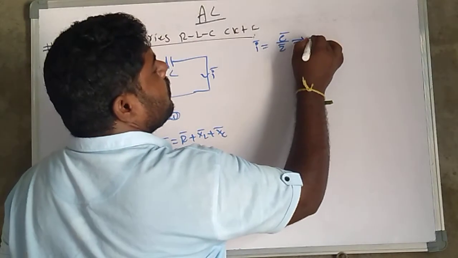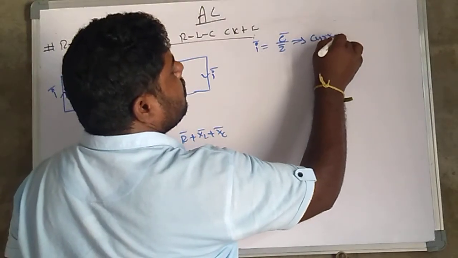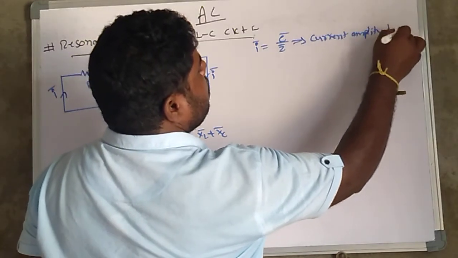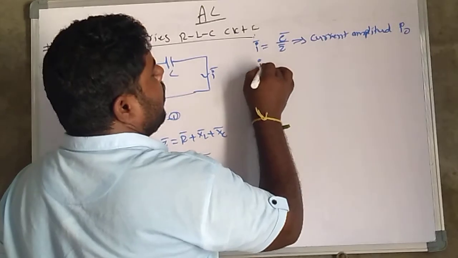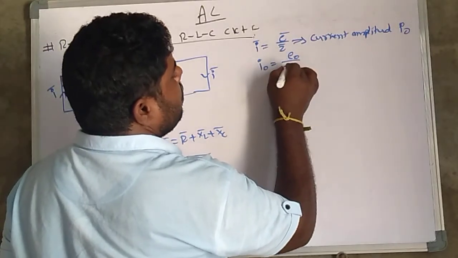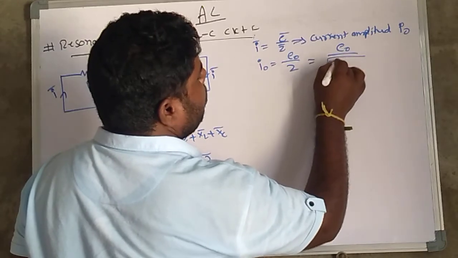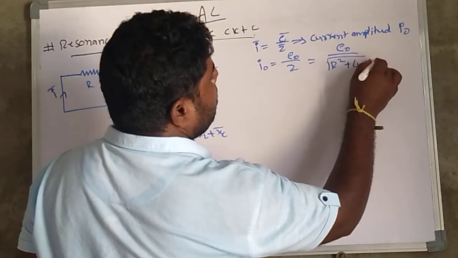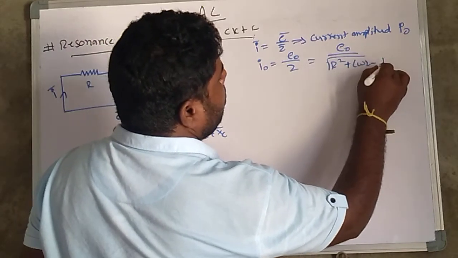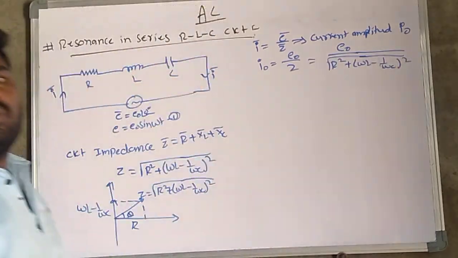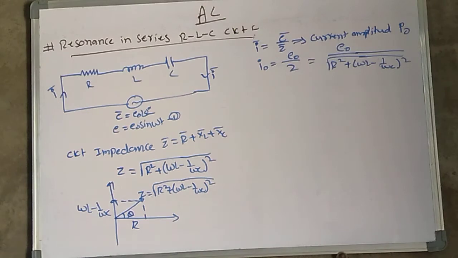From this, the current amplitude I naught is equal to E naught divided by Z, which is E naught divided by the square root of R square plus the square of omega L minus 1 by omega C. So this is the impedance value.